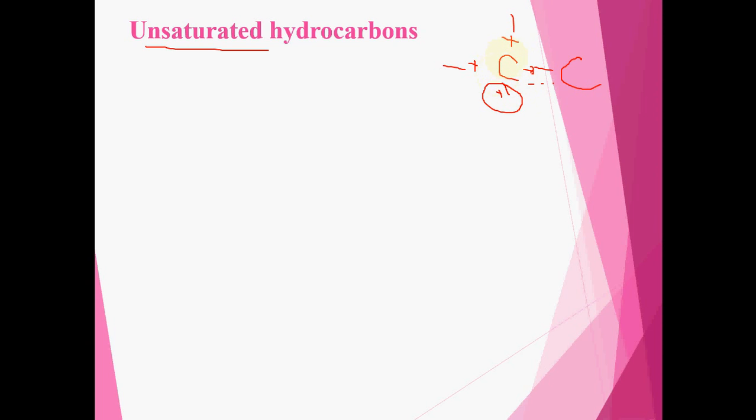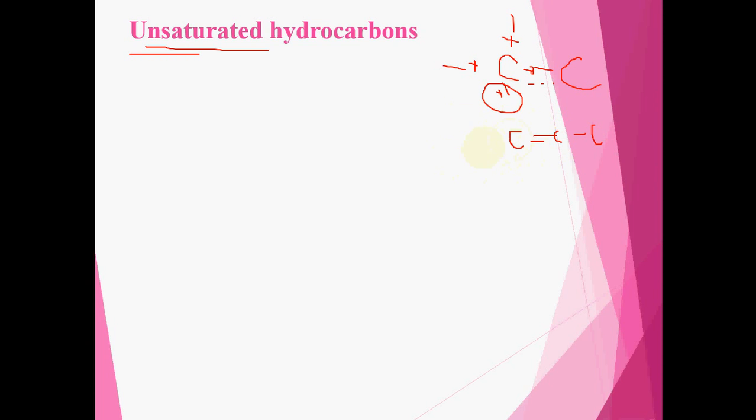When it can still accommodate another bond, we call it unsaturated. So when we have such a carbon being found in a chain, we don't care how long the chain is, but for as long as we have a carbon which is unsaturated, where we're seeing a double bond there, it simply means this carbon is not saturated.